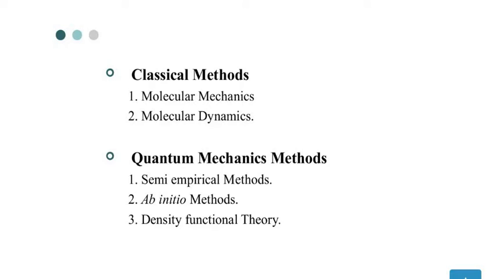What does it mean? Classical methods are those that use Newtonian mechanics to model the molecular system. And quantum chemistry methods make use of quantum mechanics to model the molecular system, and these methods use different types of approximation to solve the Schrödinger equation. Classical methods include molecular mechanics and molecular dynamics. Quantum mechanics methods include semi-empirical methods, ab initio methods, and density functional theory, DFT. Now it is very clear what classical methods and quantum mechanics methods mean.